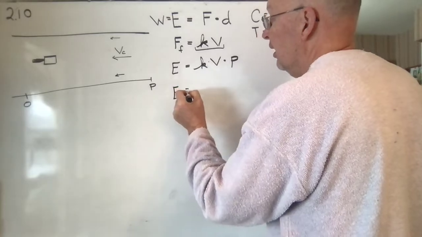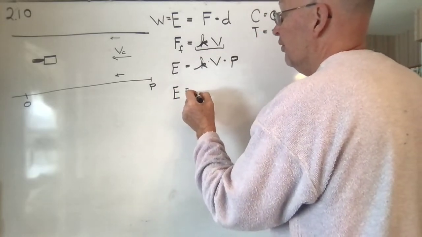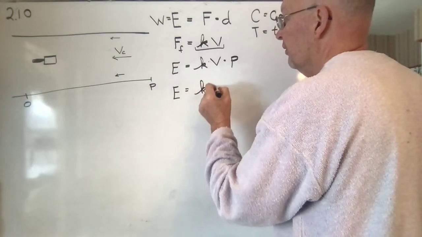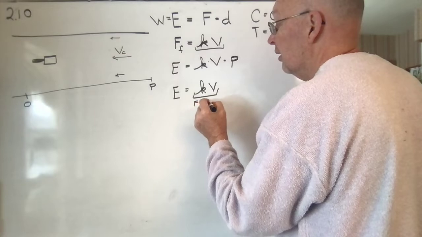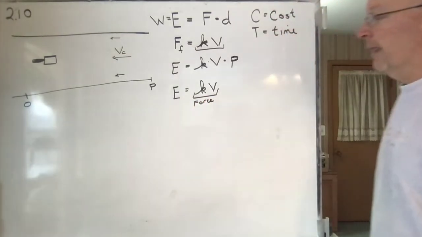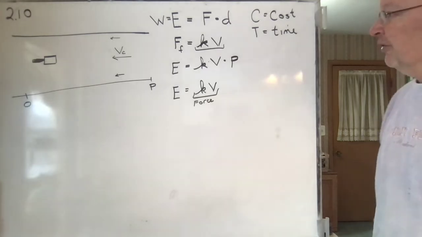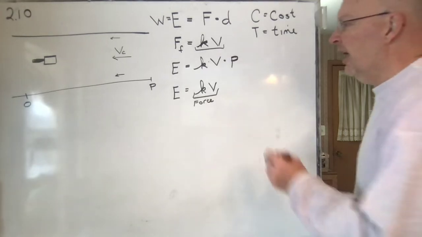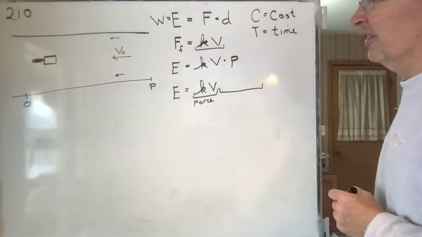The energy is going to be the force. So here's the force. There's the force that you are exerting all the while that you're pushing this thing through the water. And now we have to multiply that by the distance.